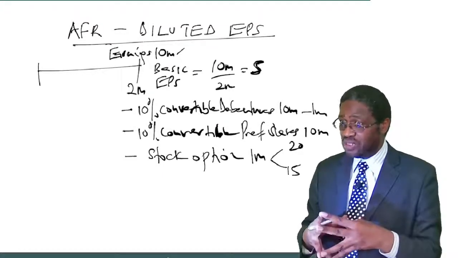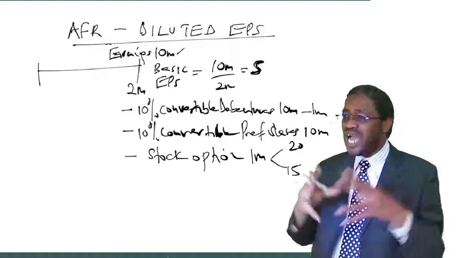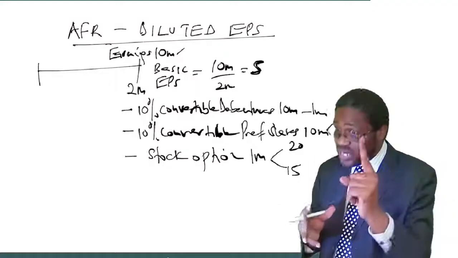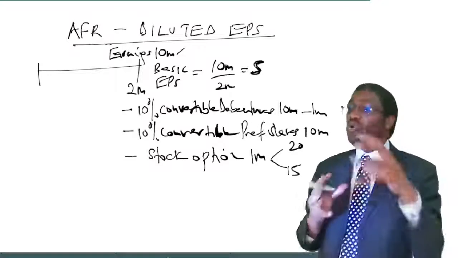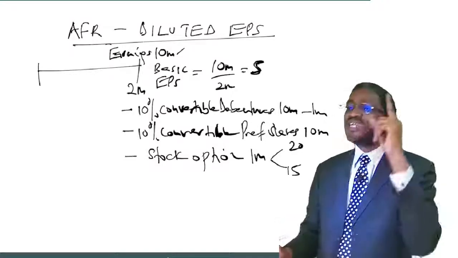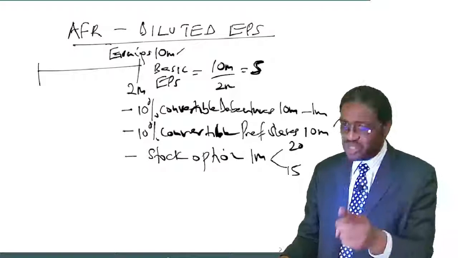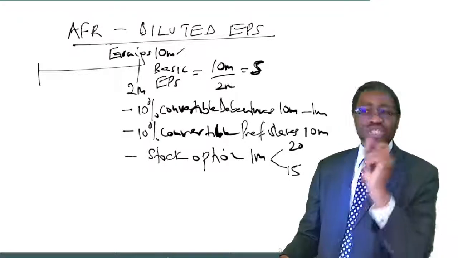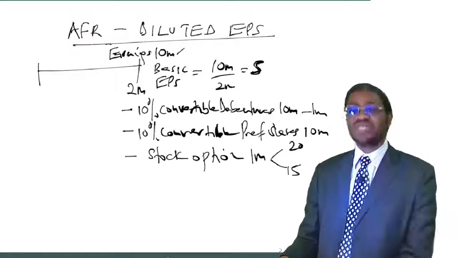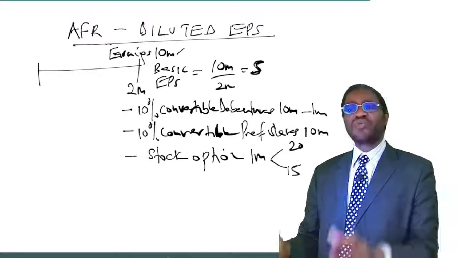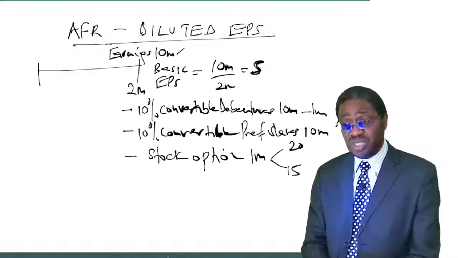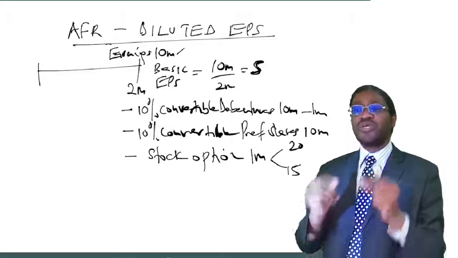Remember, in that future they will be given some more shares for free, and therefore they will dilute the interest of the existing shareholders. So another instrument that can likely dilute the earnings of the existing shareholders is what we call stock option.